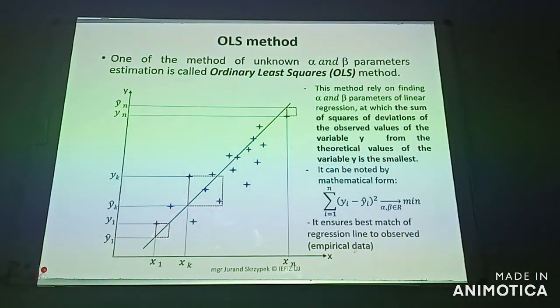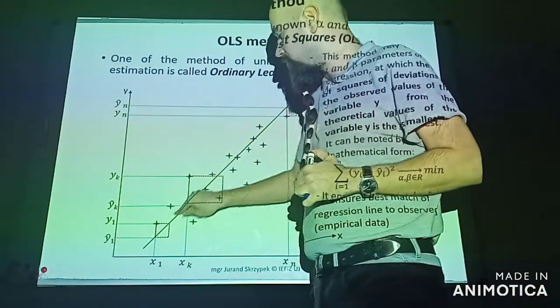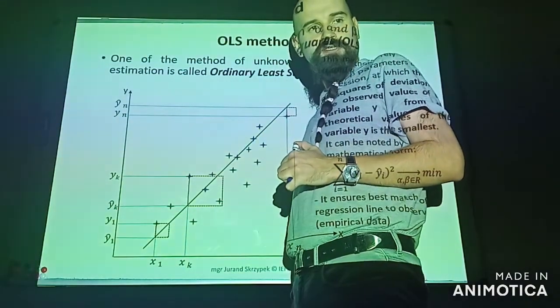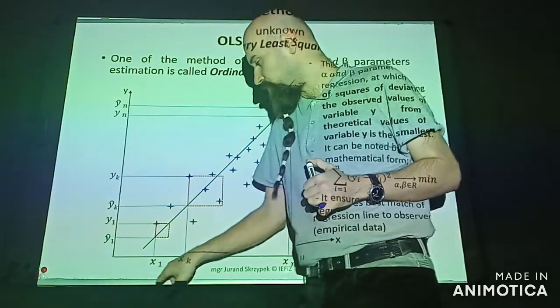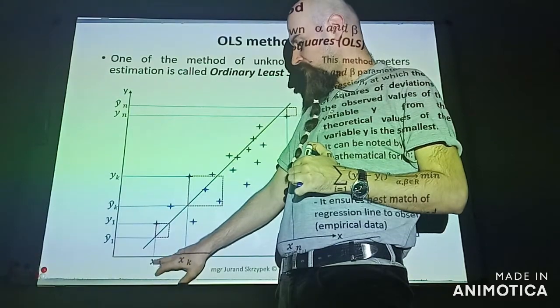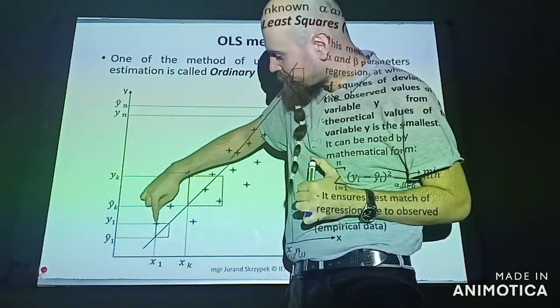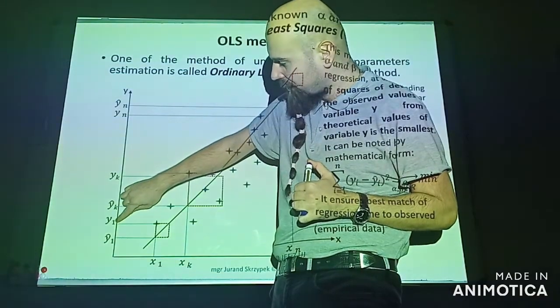What does it mean, theoretical? Theoretical means the value that lies on the hypothetical straight line. For example, we consider the first object, which is characterized by an x value equal to x1. At the same time, we have observed the value of y at the level of y1.